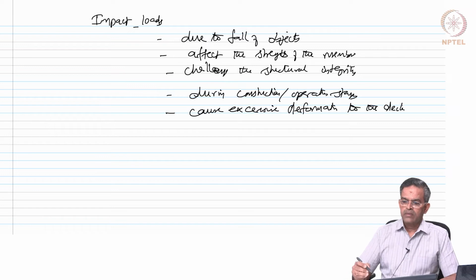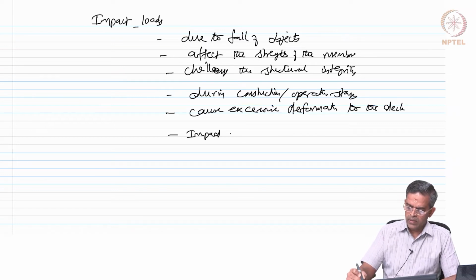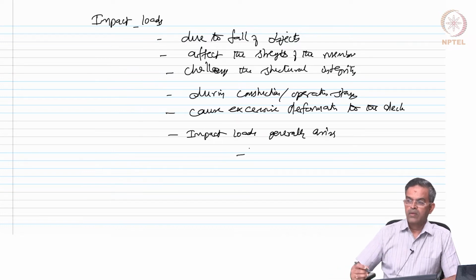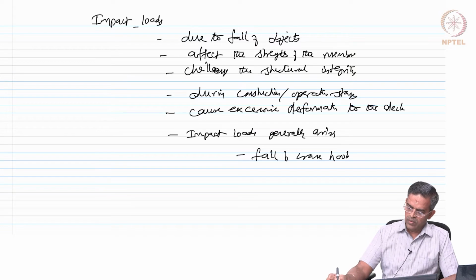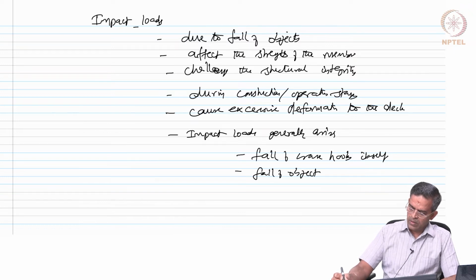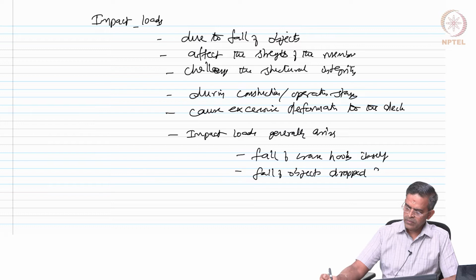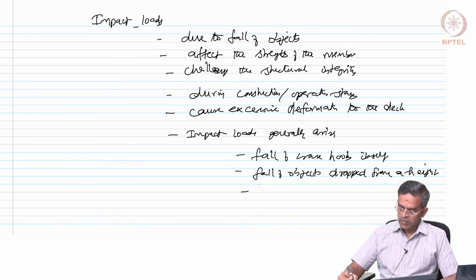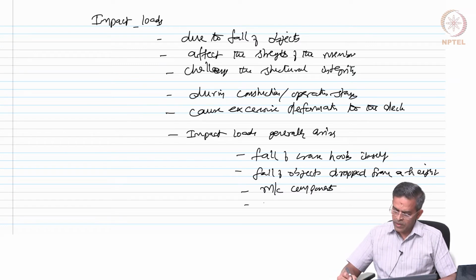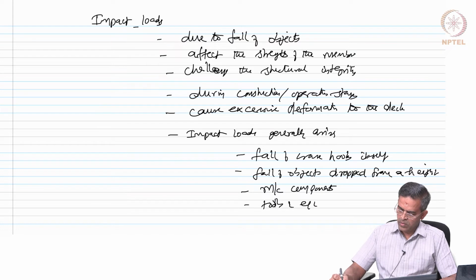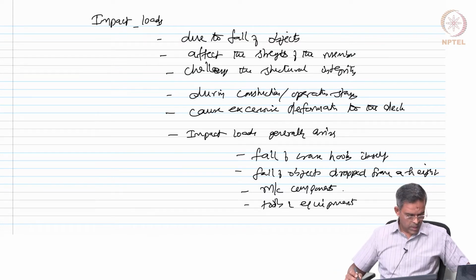So, the impact loads generally arise from fall of crane hooks itself, fall of objects dropped from a height, machinery components, equipments and tools.